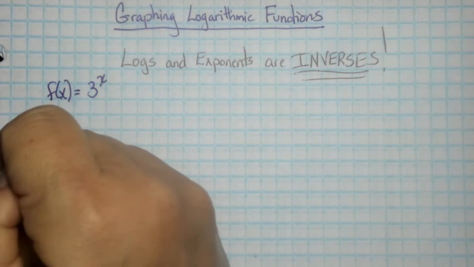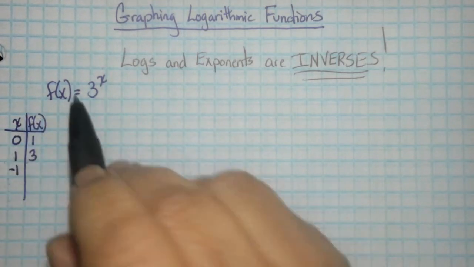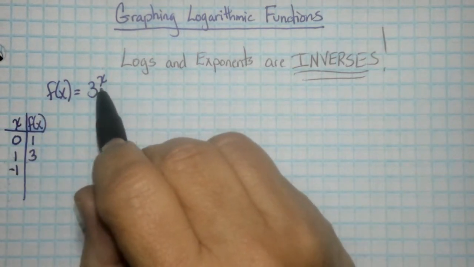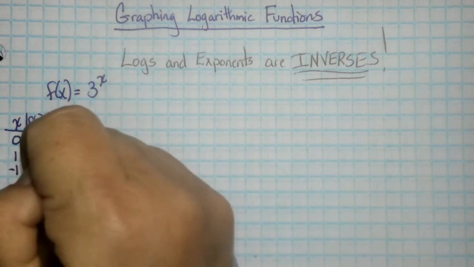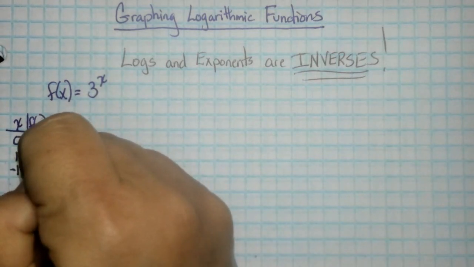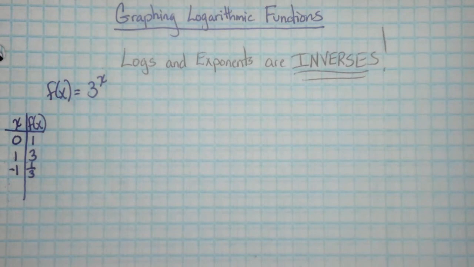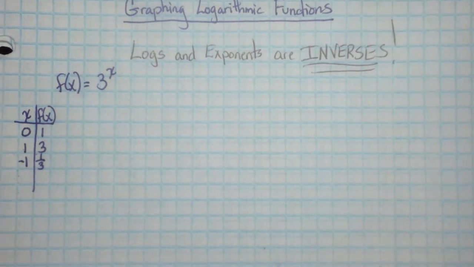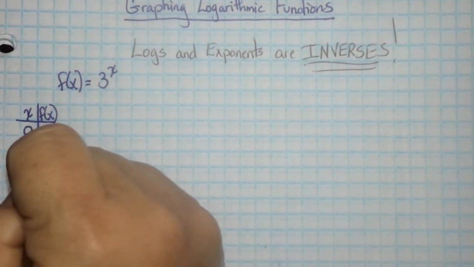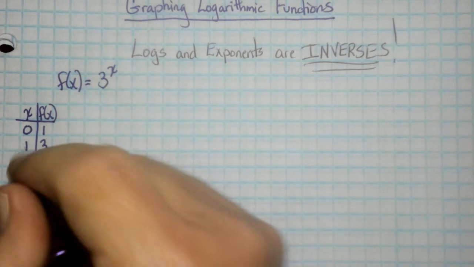So if I plug in a negative 1, if I have 3 to the negative 1 power, if you'll remember from last time, that's going to be 1 over 3 to the first power, so it's going to be 1/3. And then, just to see my shape a little bit better, I'm going to plug in a 2, and 3 squared is 9.